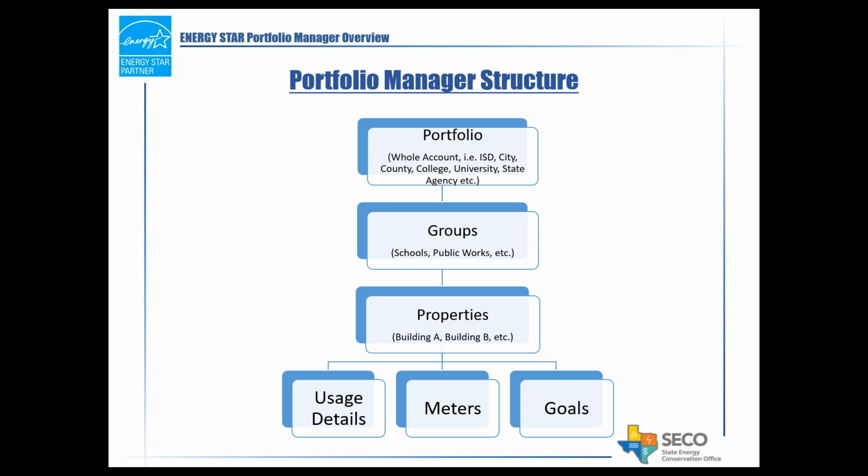So that way you can filter out and only look at specific subgroups. If you are a city, you can have, for example, your public works or your libraries or your fire departments, police stations grouped separately. So that way, if you have a lot of buildings in your portfolio, you can easily group and filter out different facility types that are common.